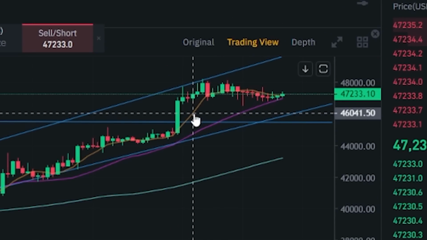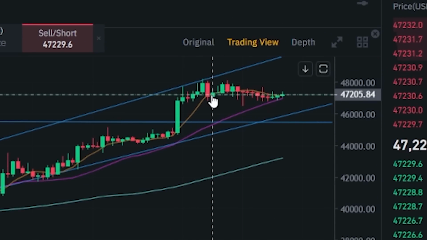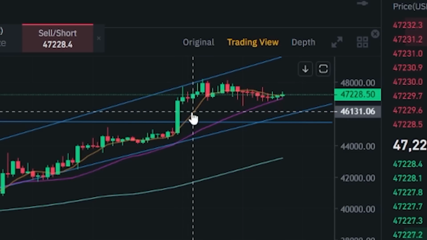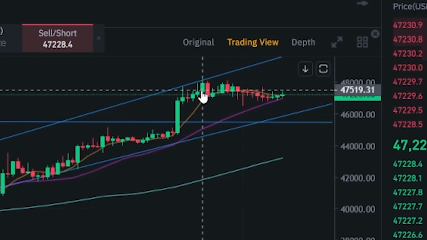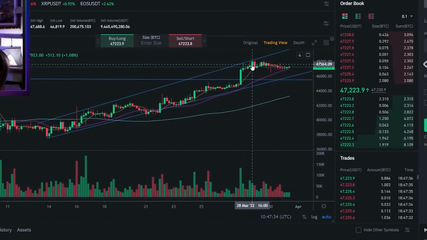Like for this one, guys, if you already know the fundamentals or the basics of crypto trading and charting, you would know that the market is getting into a state of consolidation, and then after that it may break out going upwards since we are in a bullish market right now.